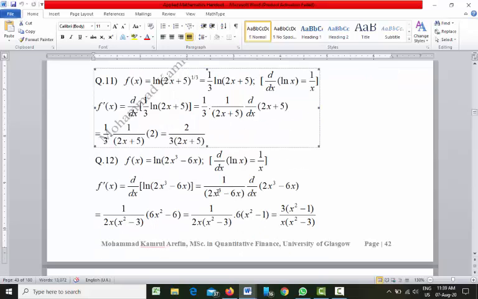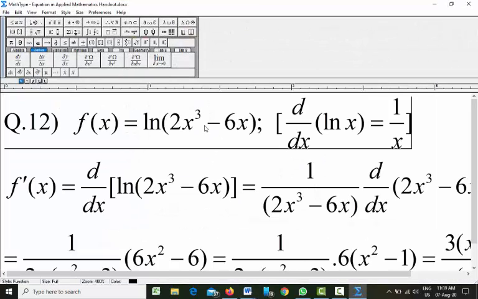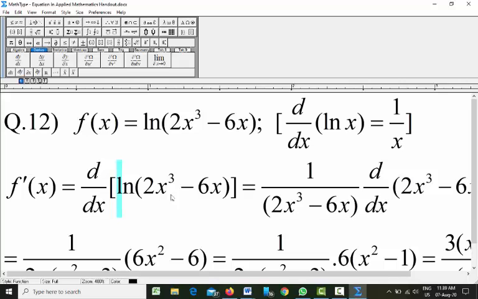Now let's solve this one. Here we want to do differentiation of ln bracket 2x cube minus 6x.